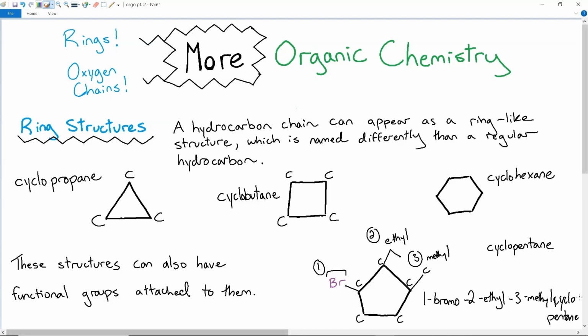And that is so long, I didn't even have enough space to write the whole thing. But anyways, that's what the name would be. So there's a lot going on in the name, but again, all of it is following the usual rules of naming organic compounds.